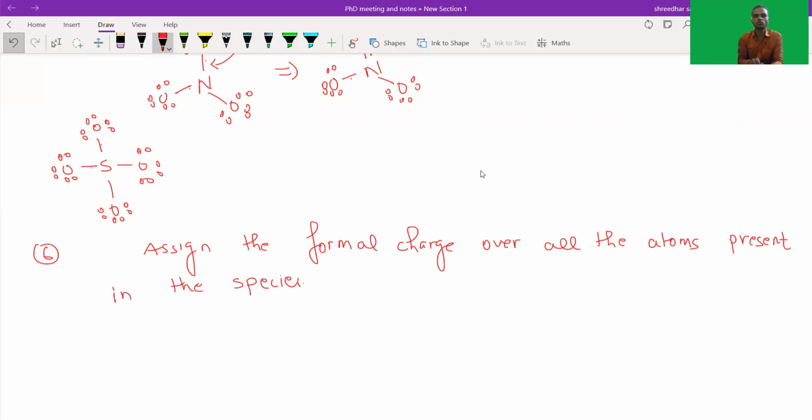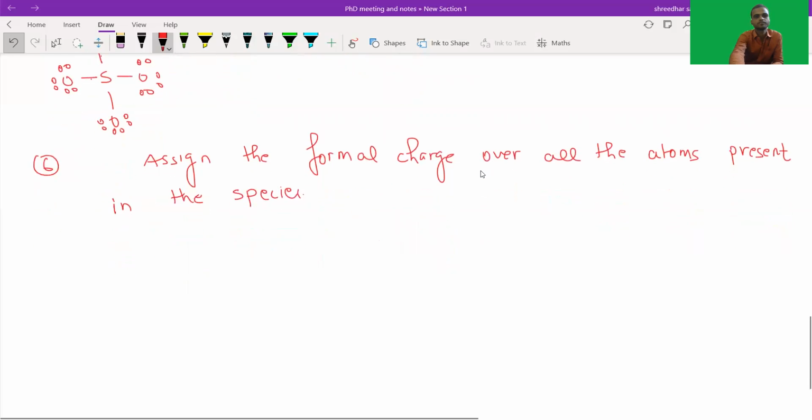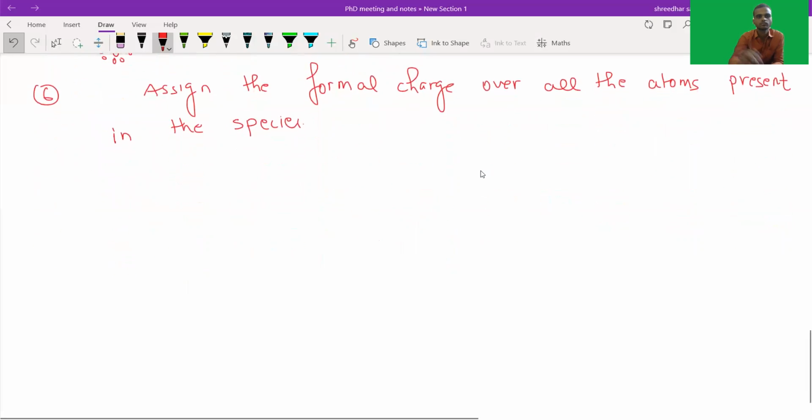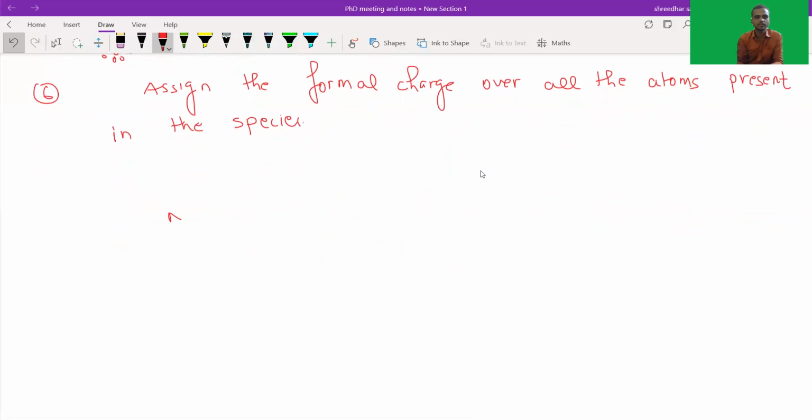Okay, so let us assign the formal charge on all the atoms present in the species. So we have NO3 minus, with a double bond to one oxygen, and the other two oxygens.